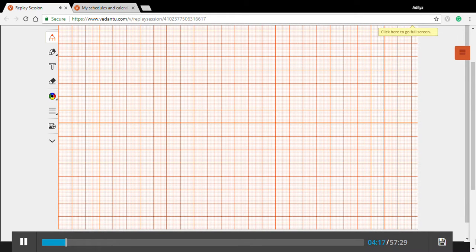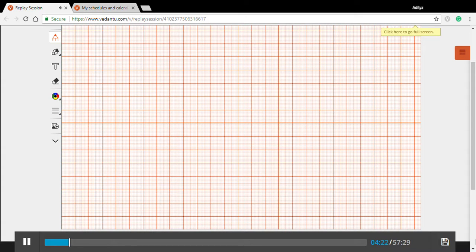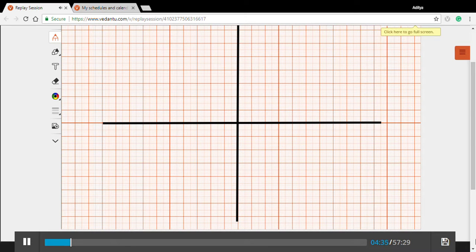There is a triangle, or I can also draw the coordinate axis before that. Suppose there is a triangle like this. This is our triangle, and it's going to be enlarged.